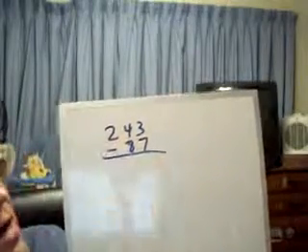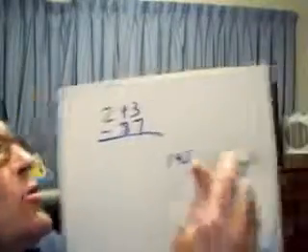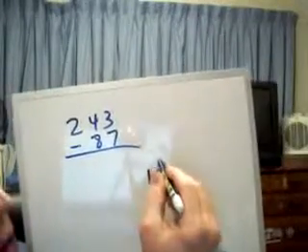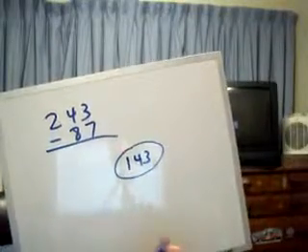Instead of subtracting 87, we're going to subtract 100. Now, 243 minus 100 is going to be 143. Now, you say, well, that's not the right answer. You're absolutely right. So far, we subtracted 100 from 243, and we got 143. That obviously is not the right answer.